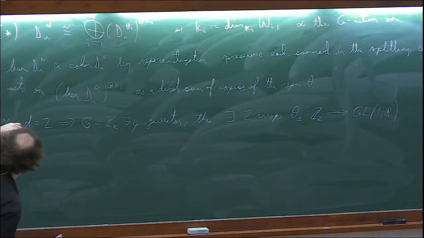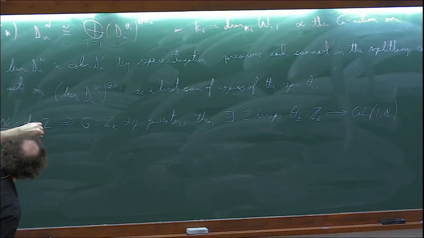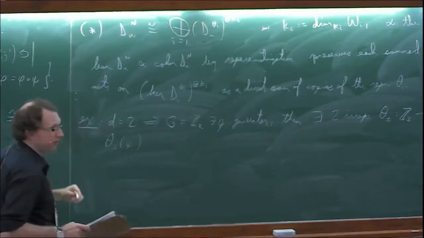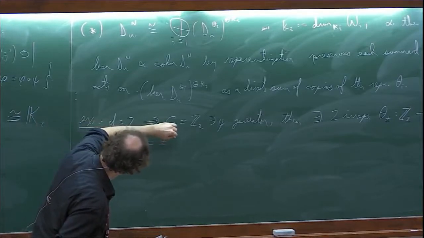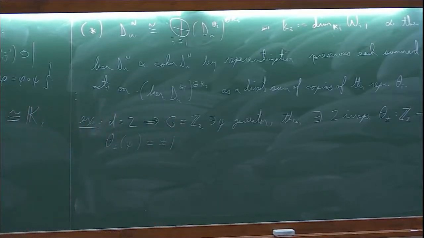You define them by sending the non-trivial element of Z2 to either +1 or -1. So theta plus is the trivial representation, theta minus is the unique non-trivial representation of Z2. Irreps, irreducible representations.